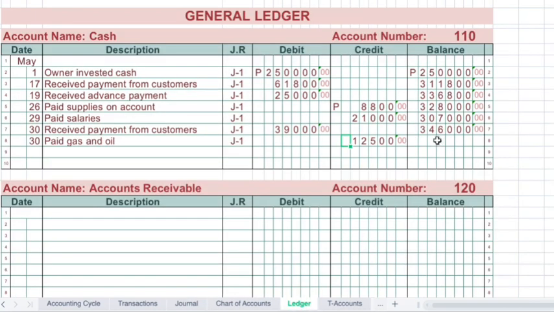Okay. So we will deduct 12,500 sa ating outstanding balance ng cash. So 346,000 minus 12,500. So we have 333,500.